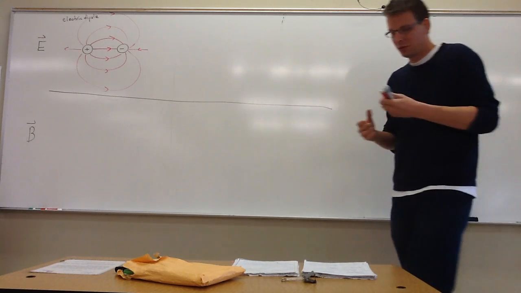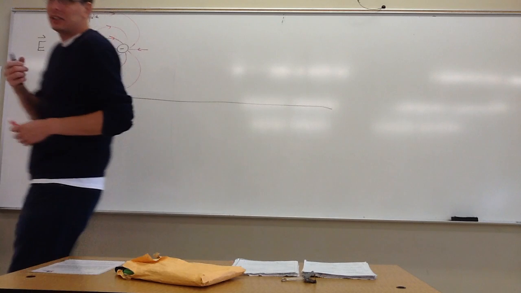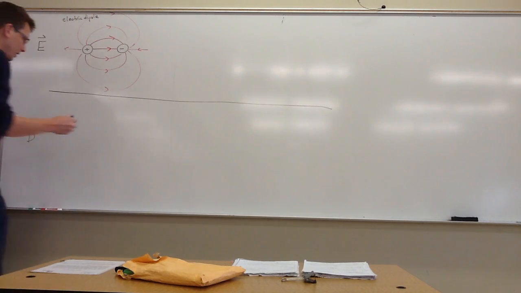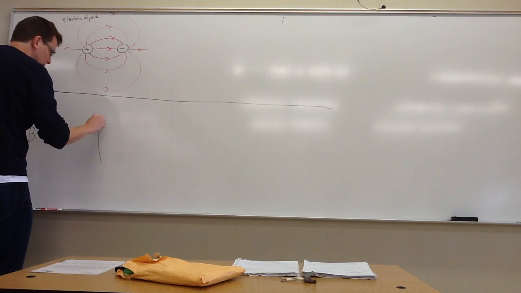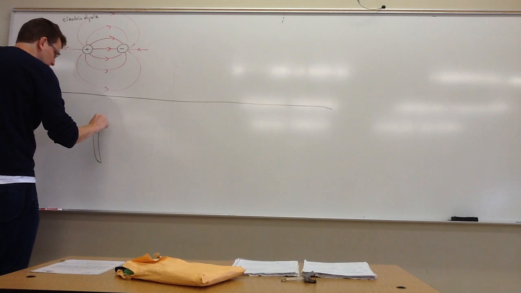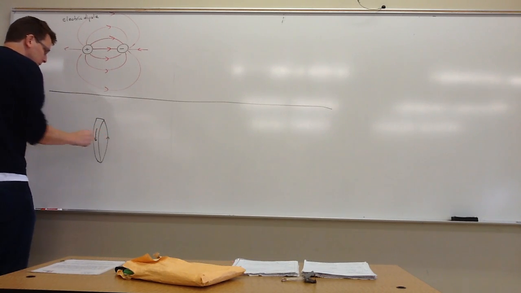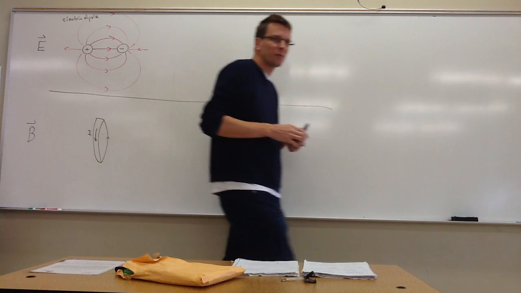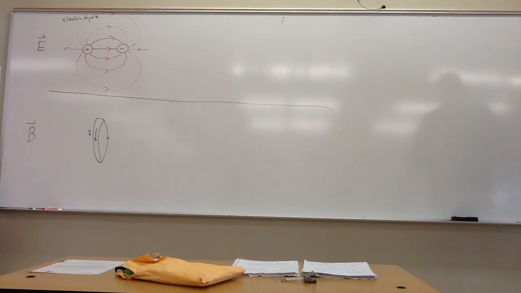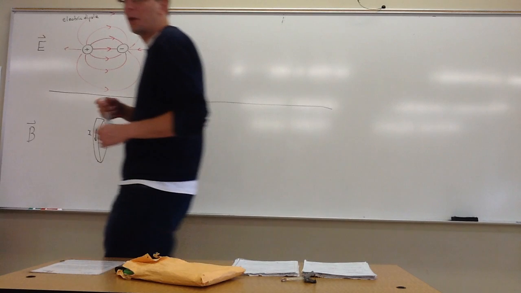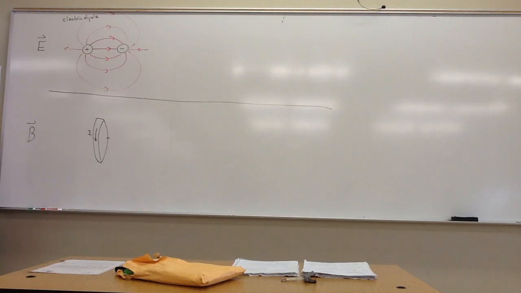Let me draw for you what would be, to me, the most analogous magnetic field. I'll draw that current loop. This is the one where we drew the magnetic field last time. We said that going out the center, it goes in the same direction as the normal.